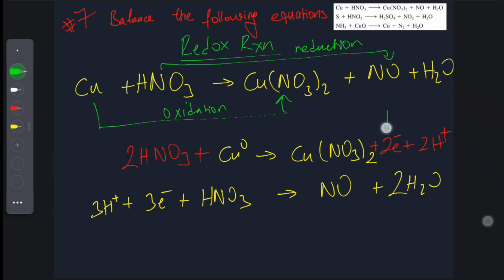So I could balance these two reactions. But electrons and hydrogens should cancel each other. To cancel them, I will multiply this reaction by 3 and I will multiply the bottom by 2.